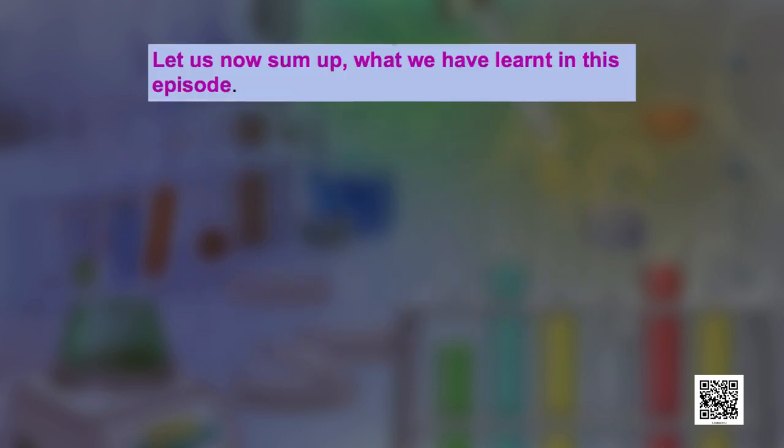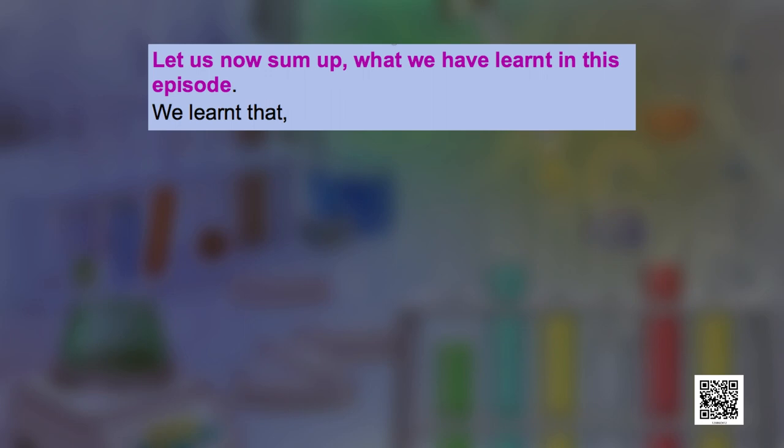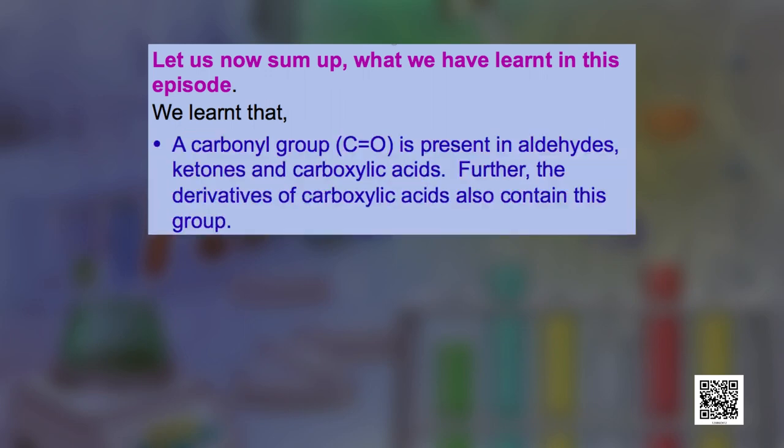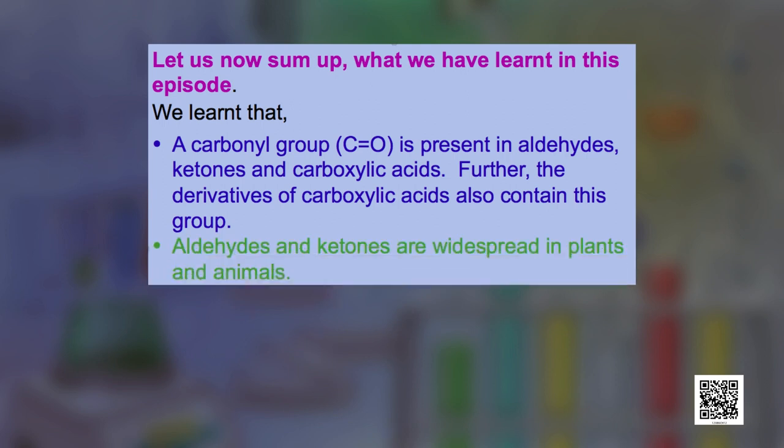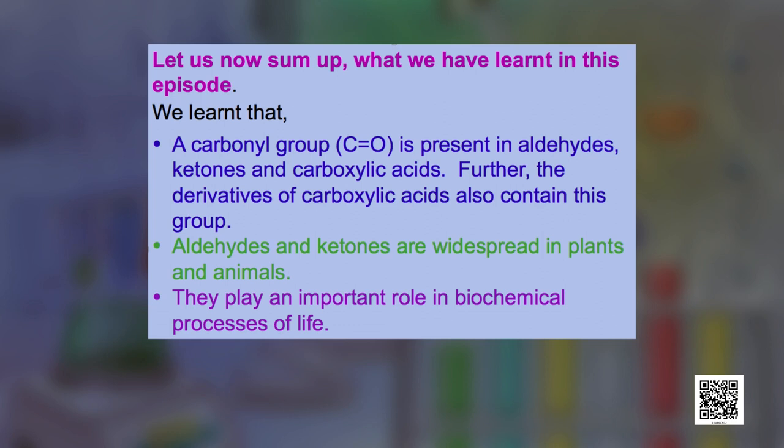Let us now sum up what we have learnt in this session. We have learnt that a carbonyl group, that is C double bond O, is present in aldehydes, ketones and carboxylic acids. Further, the derivatives of carboxylic acids also contain this group. Aldehydes and ketones are widespread in plants and animals, and they play an important role in biochemical processes of life.